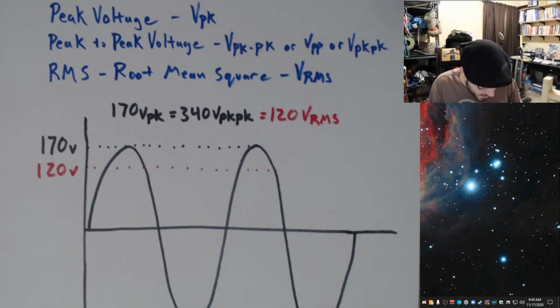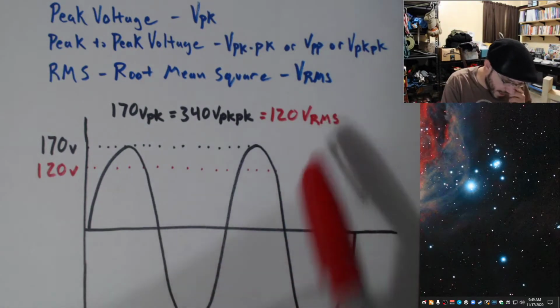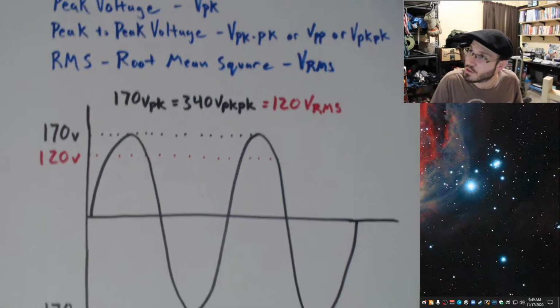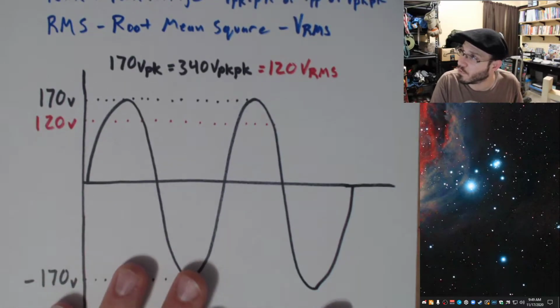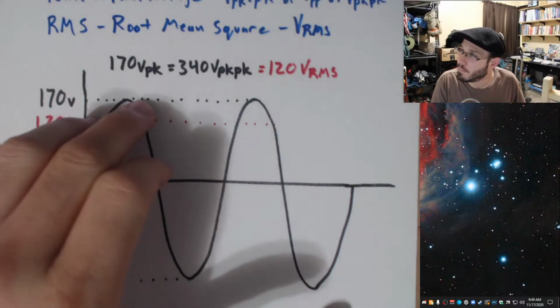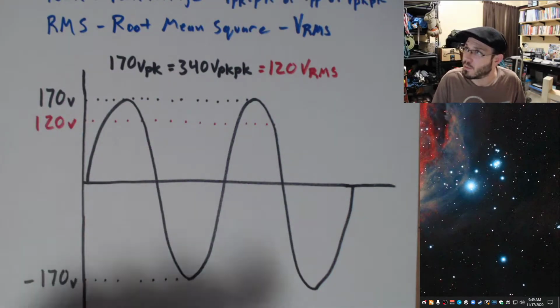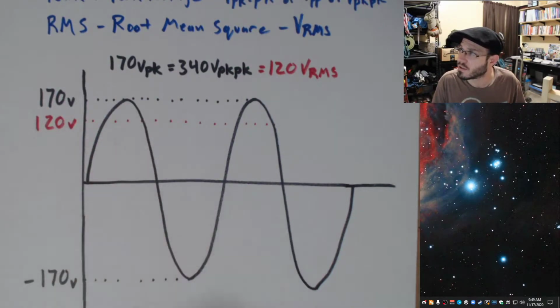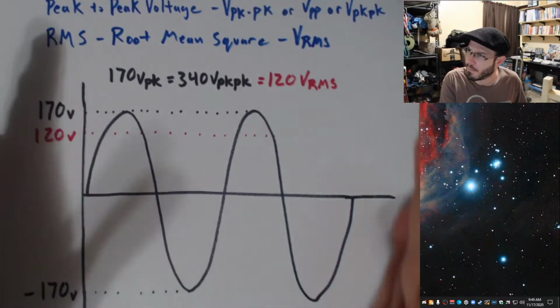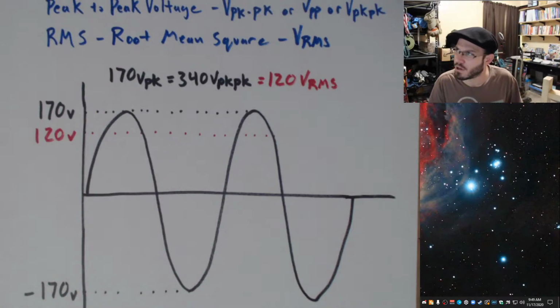So here's the motivation for RMS. I would like to specify this as an average voltage. We're only at the peaks for a moment in time. The rest of the time we're somewhere else. However, it'd be nice if I could quantify my AC voltage as an average voltage.